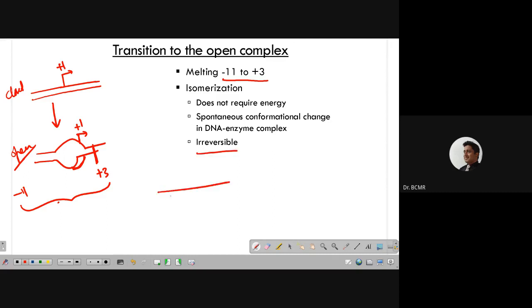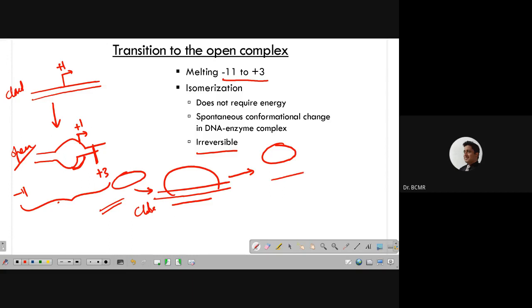So I'll just go back again. RNA polymerase has bound here, and it is in a closed complex, right? This is RNA polymerase and the promoter. They can form a closed complex like this. It is reversible, meaning that it can dissociate. RNA polymerase can dissociate from the promoter.